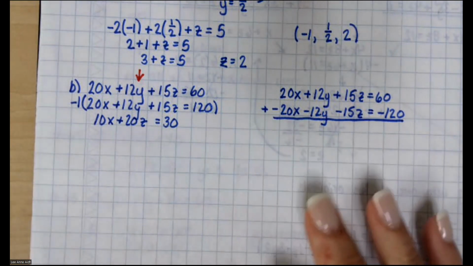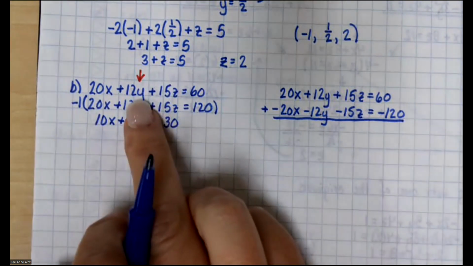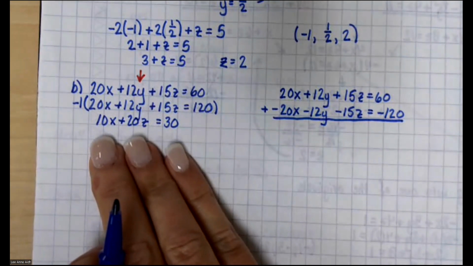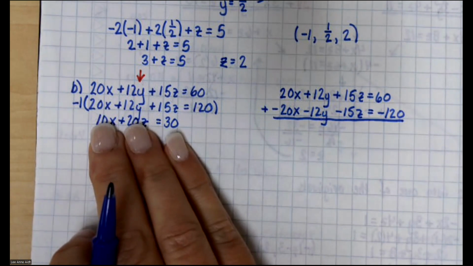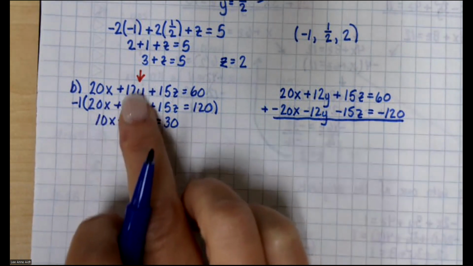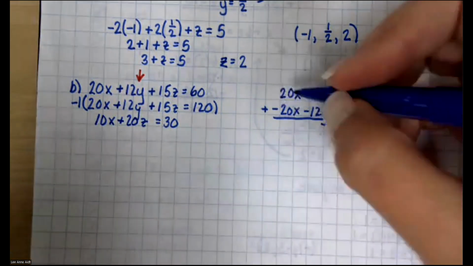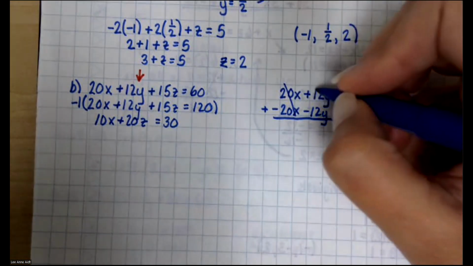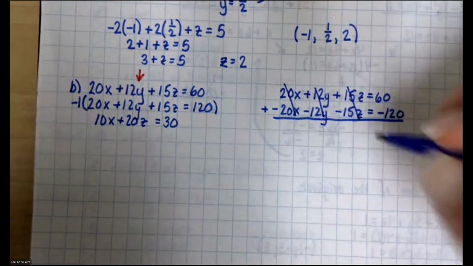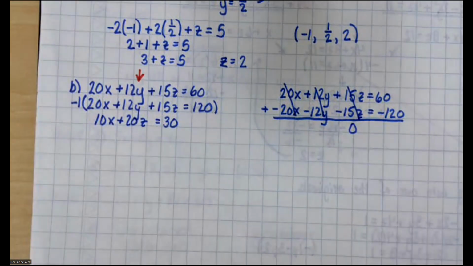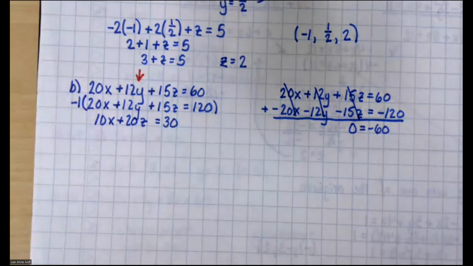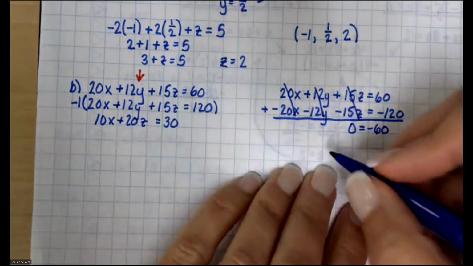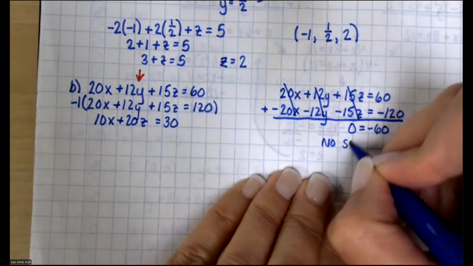Remember, I told you it's weird. So there's two things weird about it. Y was already eliminated in the bottom one, which isn't a bad thing. That just means less work. But also the top two are strikingly similar. So the x's eliminate, the y's eliminate, the z's eliminate. That means you have 0 on the left side and then -60 on the right side. So this is no solution.